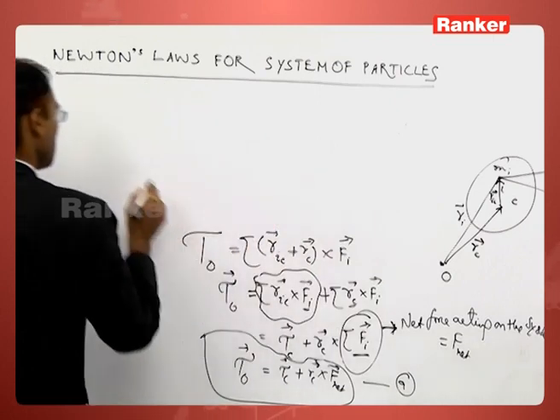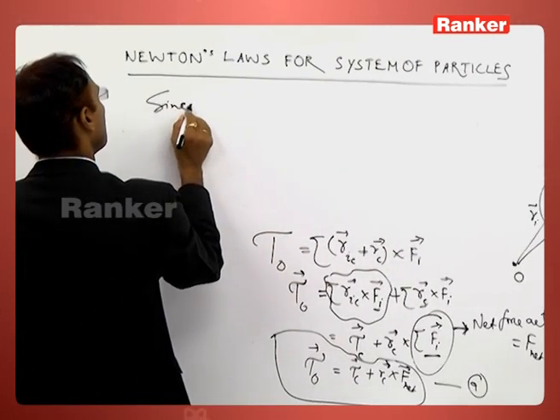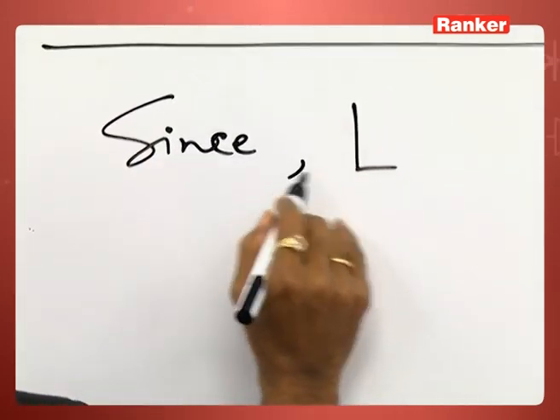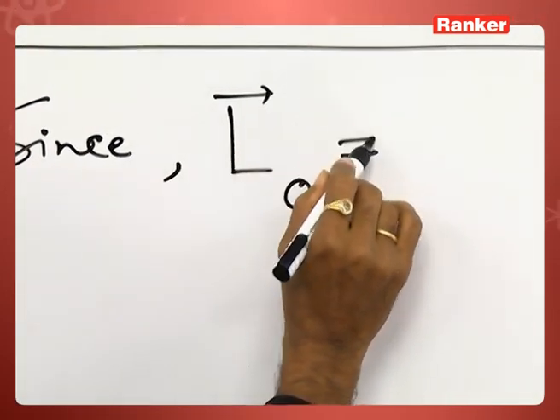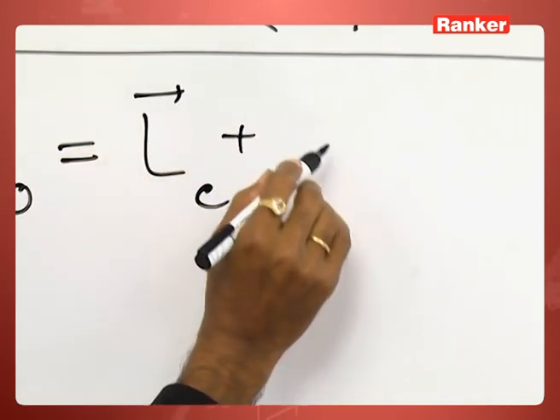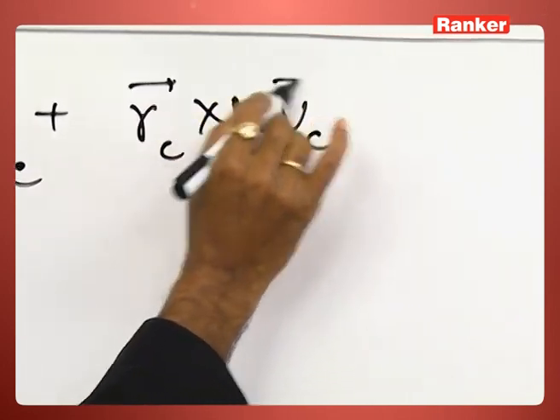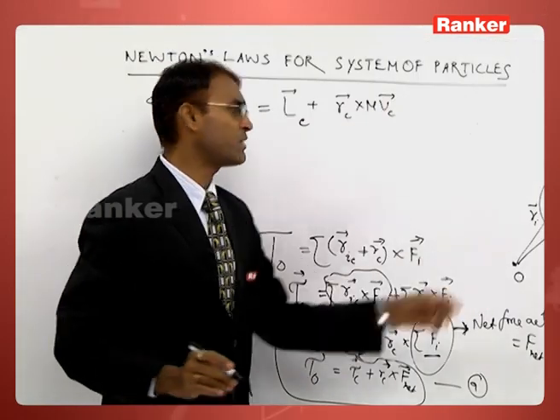This is equation number 1. Angular momentum about O is equal to angular momentum about the center of mass plus angular momentum of the center of mass with respect to the given reference point.